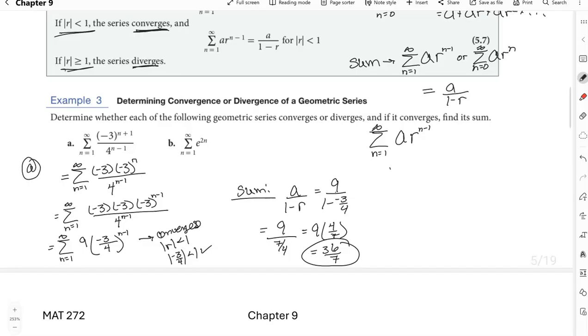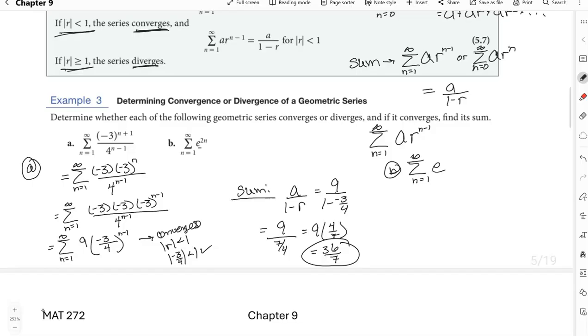So now let's look at B. We're looking at the sum from n equals 1 to infinity of e to the 2n. We need to rewrite it. So we need that exponent to be n minus 1. So I'm going to rewrite e to the 2n.